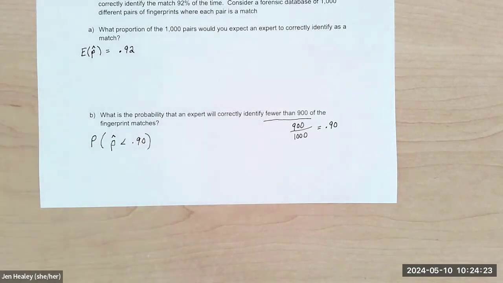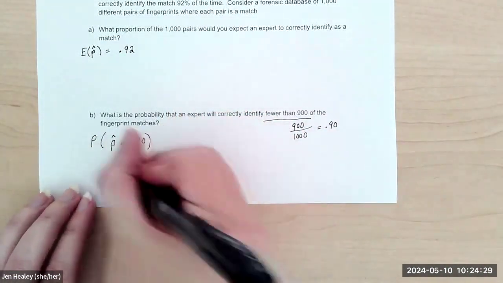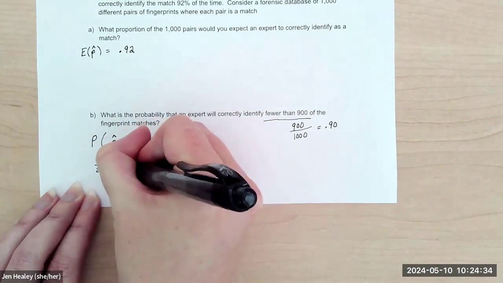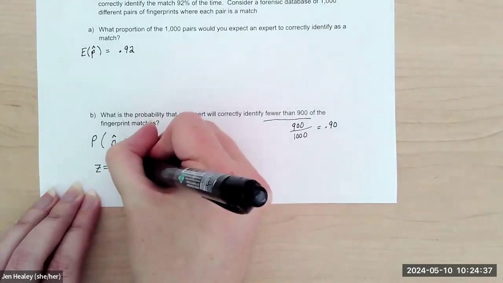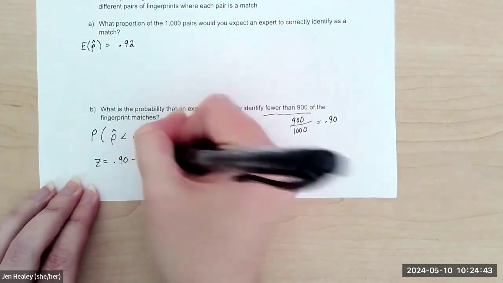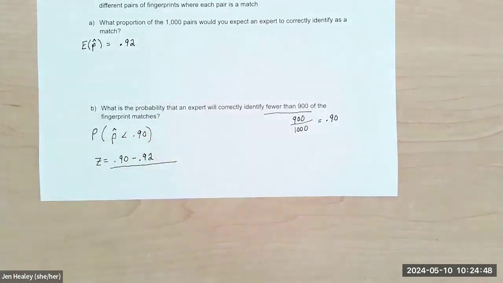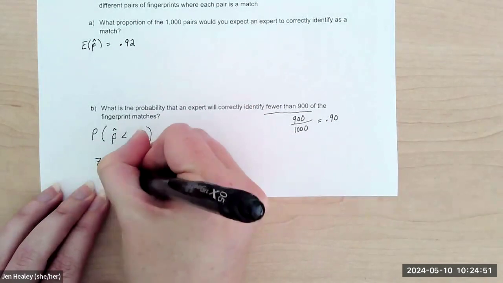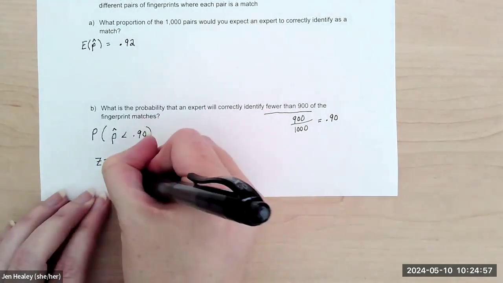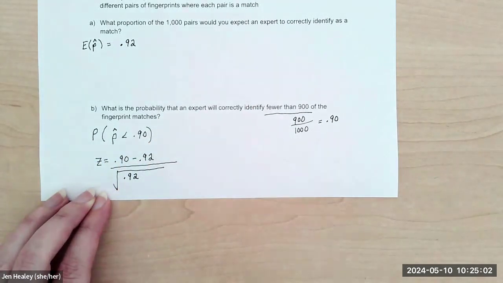Okay. Second formula time. So I'm going to put z is equal to 0.90, that's my p hat, minus the population proportion, that was 0.92, divided by, and the square root actually goes over this entire fraction I'm about to write. It wants the p, so 0.92, and then 1 minus the p, same thing as the q.